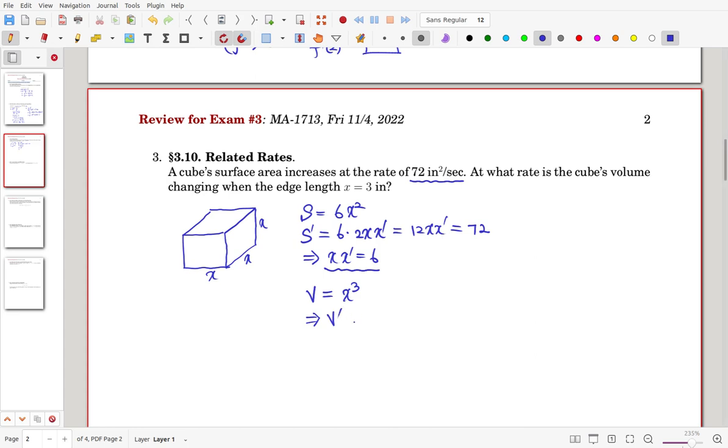That is V prime equals, in the first x derivative, 3x squared times the time derivative of x, so it can be written this way: 3x squared and x prime, because we already know that x prime is 2. So you can put in 2 here, and then x is 3, so that is 3 times 9 times 2, so that is 54.